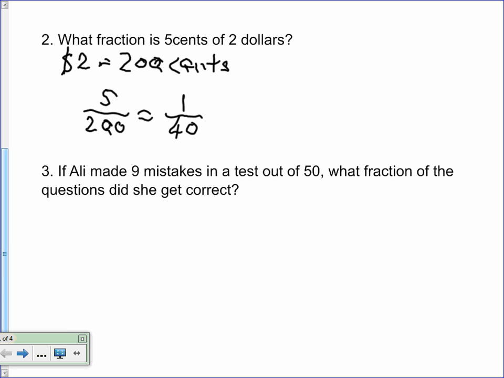She got 9 mistakes in a test out of 50. Yeah, 50 take away 9. So 50 minus 9 is equal to 41. So that's the number correct.